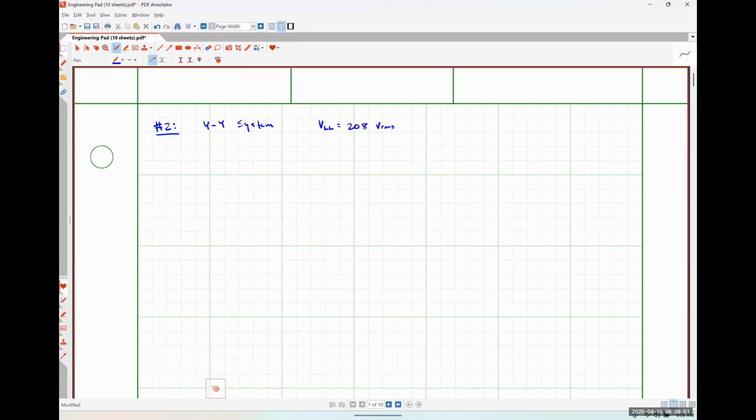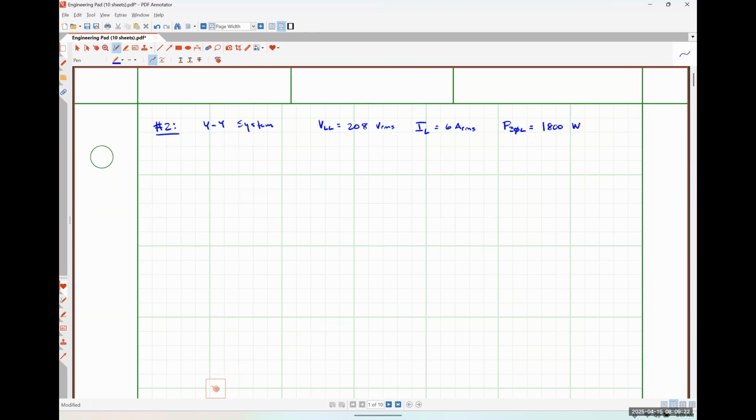RMS. And our line currents have a value of 6 amps RMS. We are told that the total average power absorbed by the three-phase loads, so that's going to be P three-phase, and I'm putting an L to let us know that it's at the loads, is 1,800 watts.